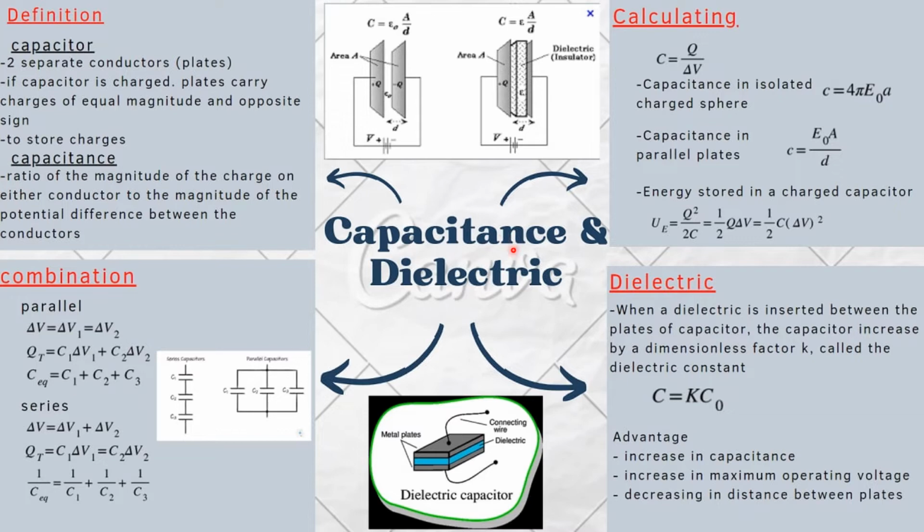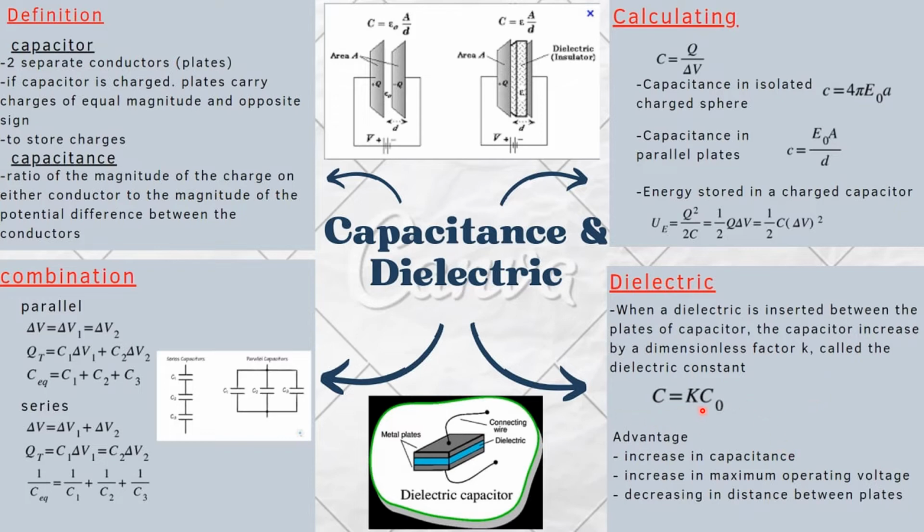Okay. Last but not least, we move to the dielectric. A dielectric is a non-conductor material such as rubber, glass, or wax paper. We can perform this experiment by inserting the dielectric between the plates of the capacitor. The capacitance is increased by a dimensionless factor K called the dielectric constant.